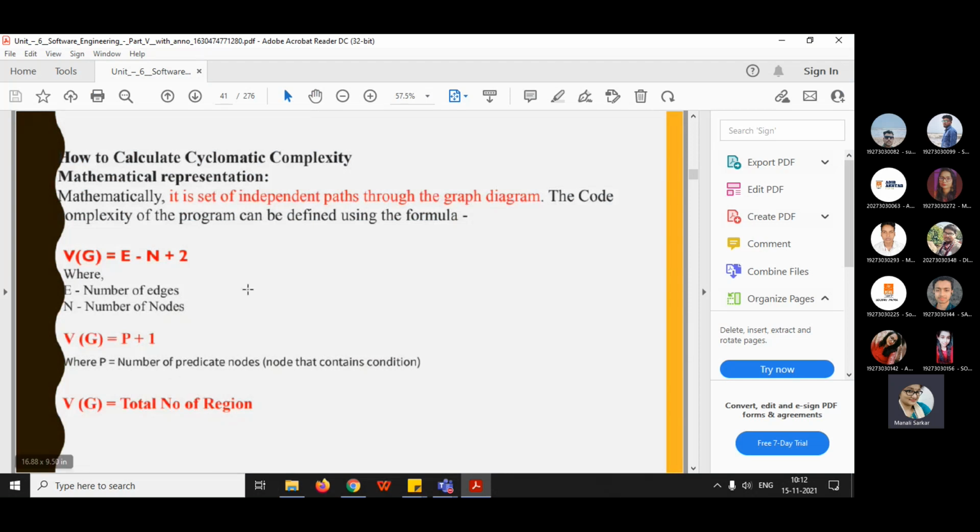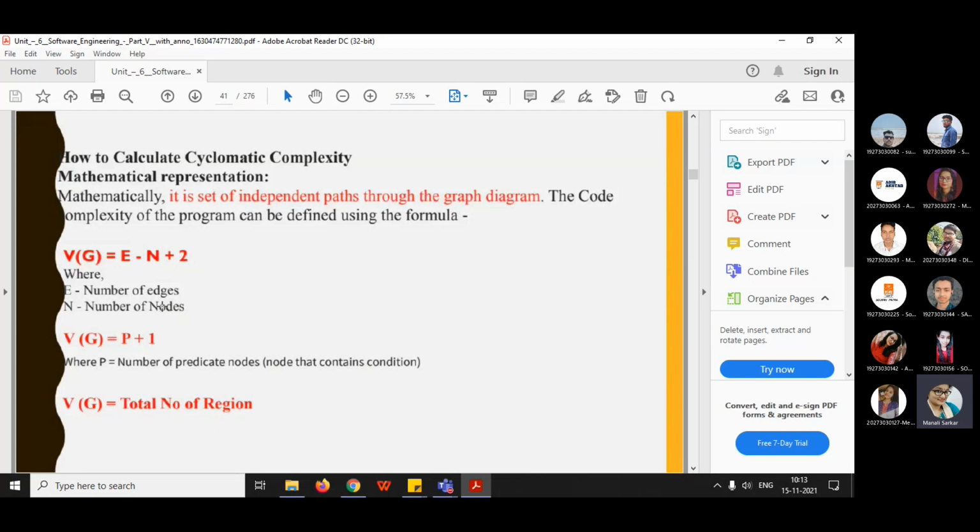How to calculate the regions, the number of edges, and the number of nodes, we will be discussing. There are two formulas to find out the total number of regions. The first one is E minus n plus 2 and the next one is P plus 1. These are two different formulas. Based on the criteria, you need to use the formula.